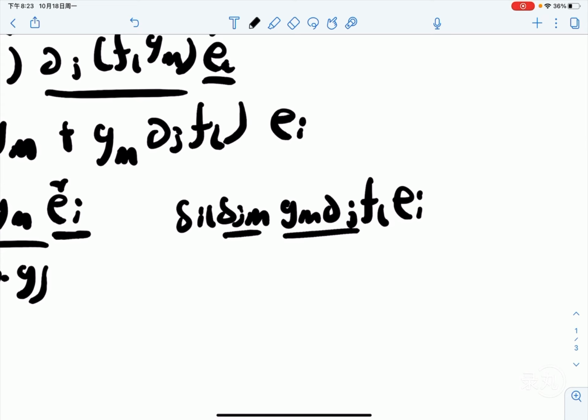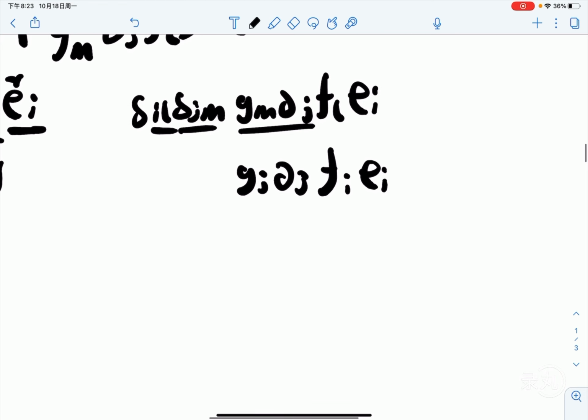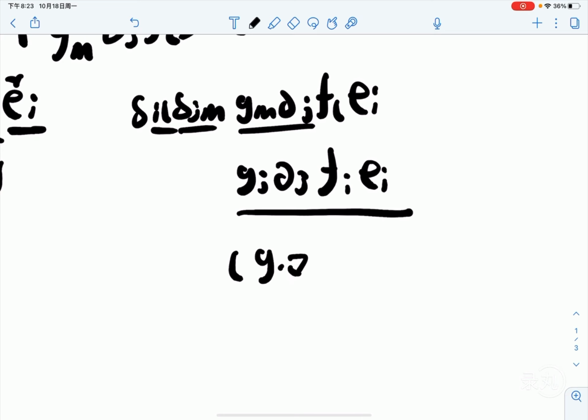So ∂_J G_J F, and this is the same F_I e_I. So we can write it in the form of this. For convenience.